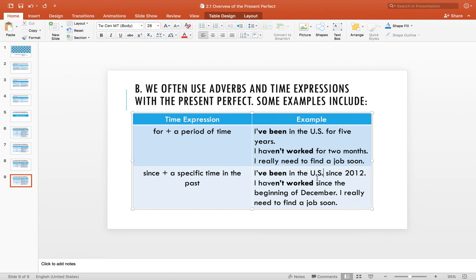I've been in the U.S. since 2012. This is a time in the past. I've been in the U.S. for 5 years, but I've been in the U.S. since 2012. The meaning is the same. I haven't worked since the beginning of December. It's the same meaning as I haven't worked for 2 months, since now is the beginning of January.